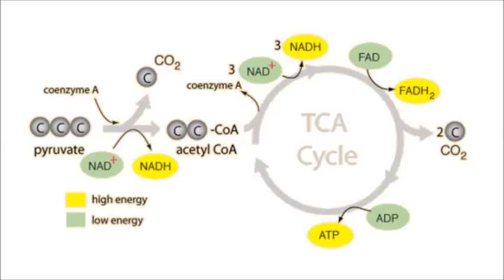By way of a number of enzyme-assisted reactions, we get 3 molecules of NADH, 1 of FADH2, which is flavine adenine dinucleotide, and 1 ATP molecule via GTP.